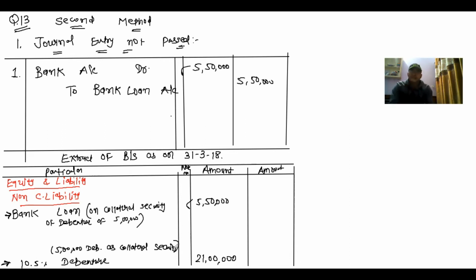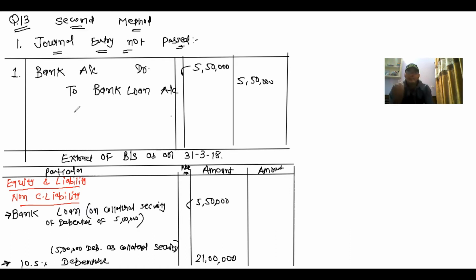So you can see that both the methods are very simple, and the two methods are connected with each other. In the first method, we have to pass two journal entries and the debenture suspense account is to be presented in the balance sheet. But in the second method, only a single journal entry is passed.